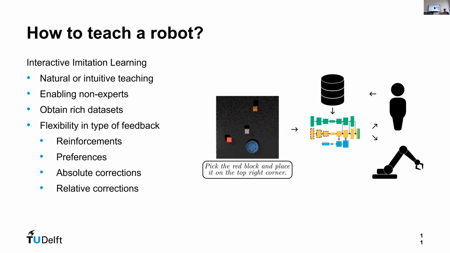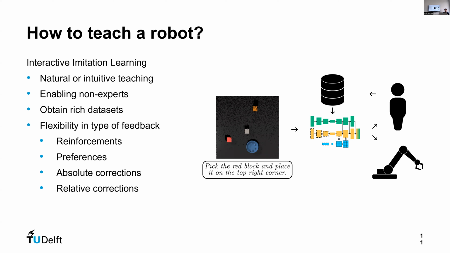And this allows us to obtain rich data sets. By rich data sets, I mean that we are executing the robot policy, so the robot might sometimes fail, and then we can collect demonstrations, for example in a failure state, and learn how to recover from these failures.